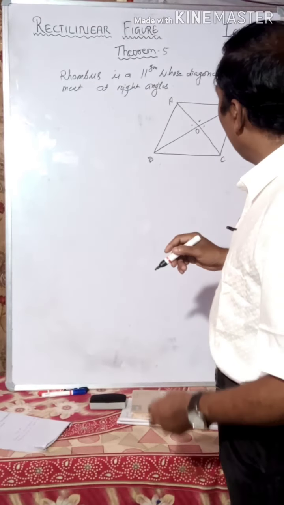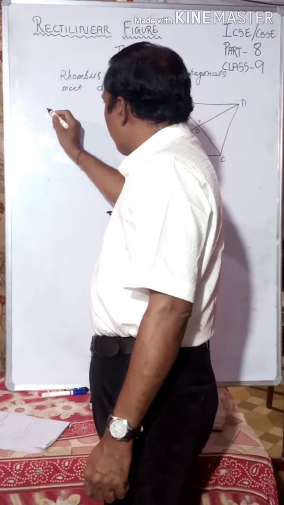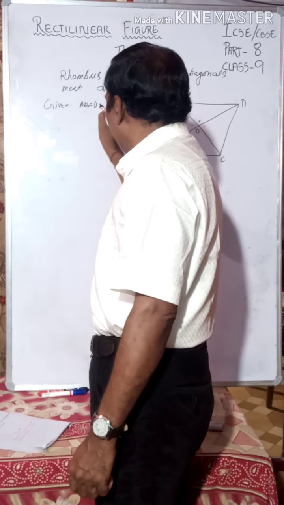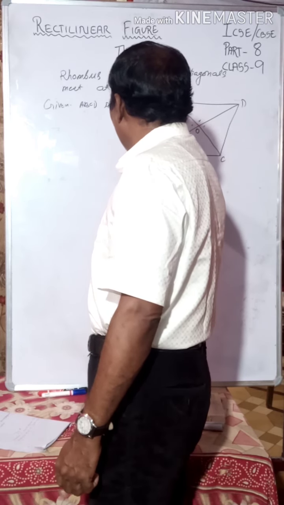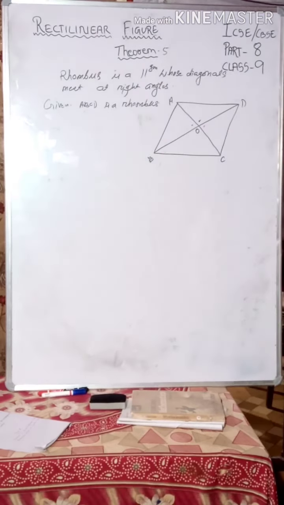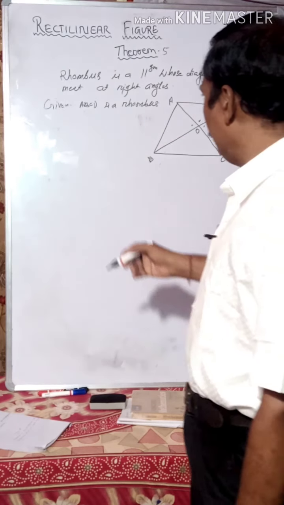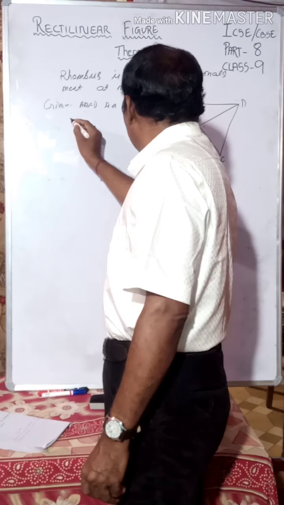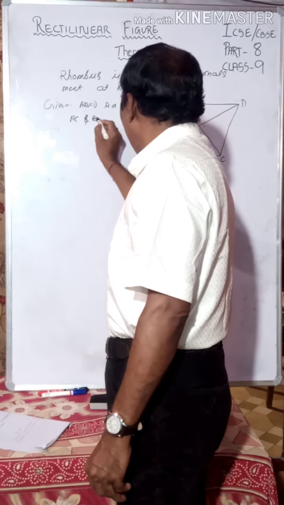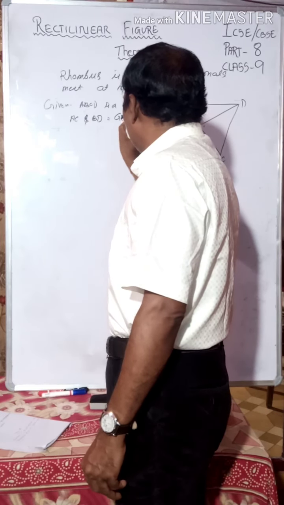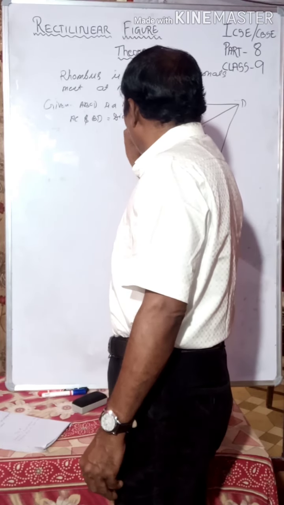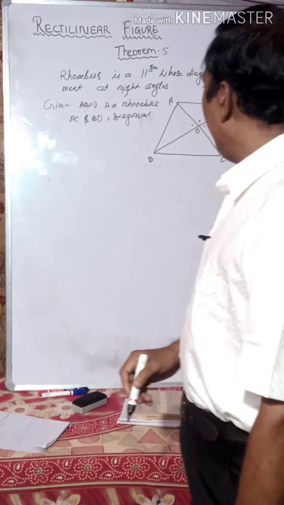So, given: A, B, C, D is a rhombus. AC and BD are diagonals of the rhombus.